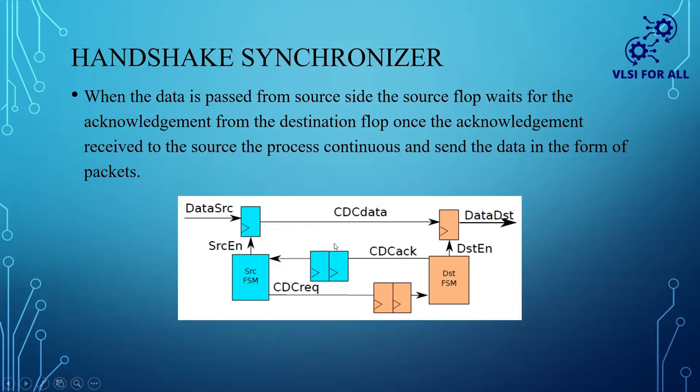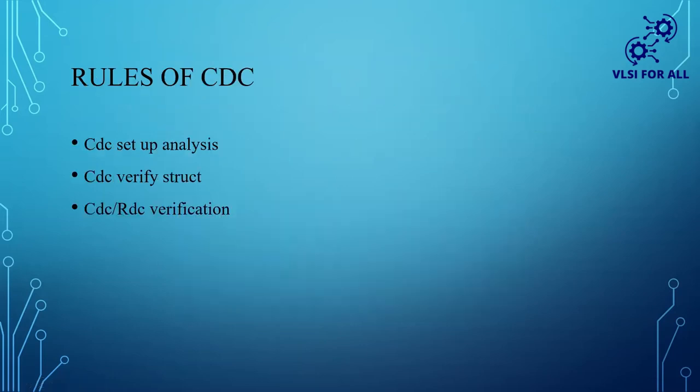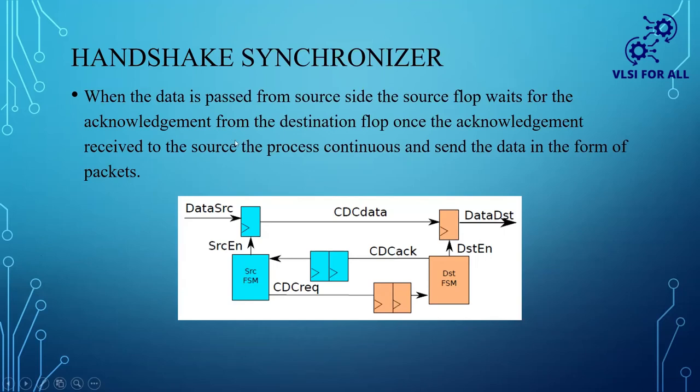Once again, I'll explain it. First we send an input from the source. The source flop sends an input to the destination flop, but the source flop doesn't know whether the destination flop has received the input or not. So it raises a request to the destination flop side: have you received the data or not?